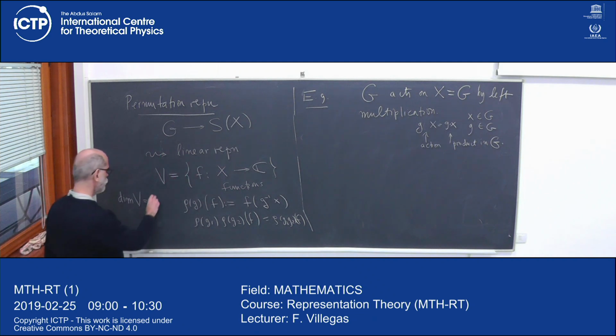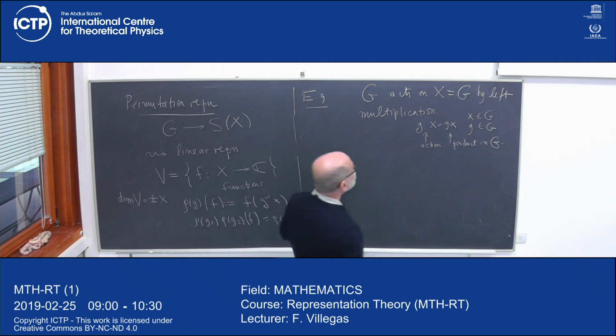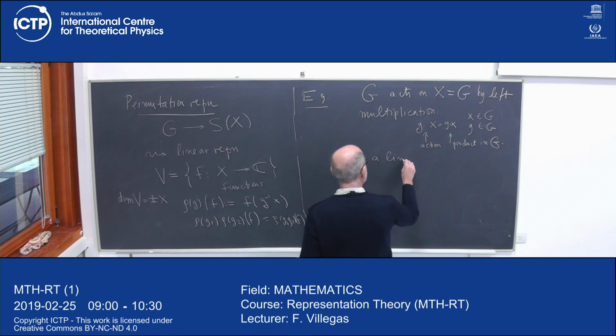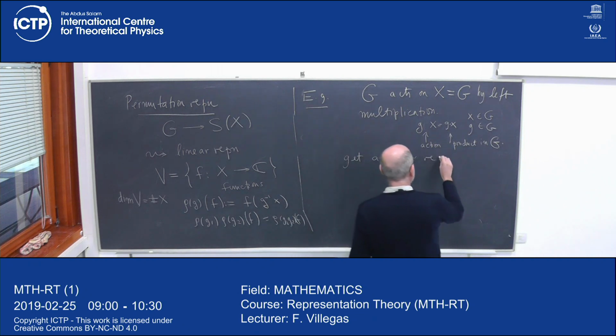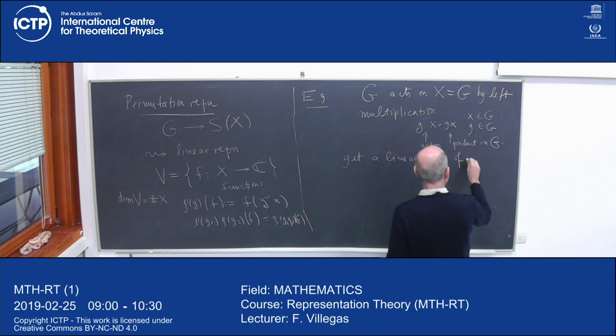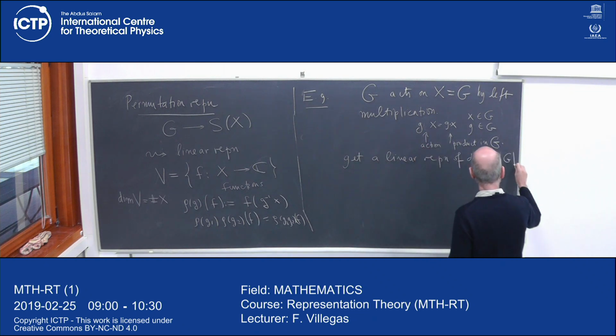So this is the cardinality of X. Here X has size |G|, so we get a linear representation of dimension equal to the size of G.